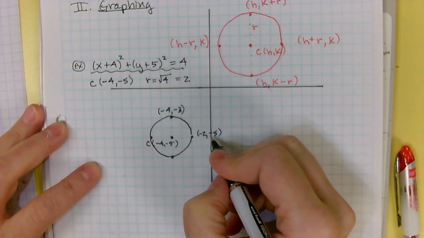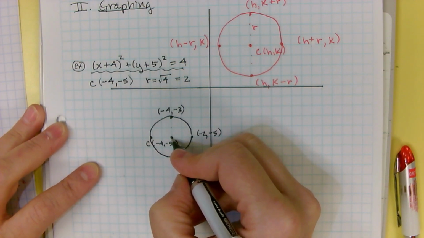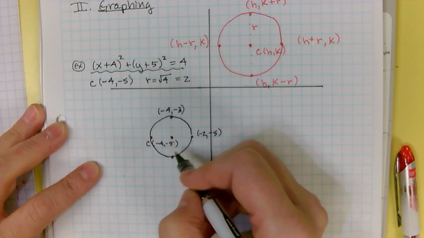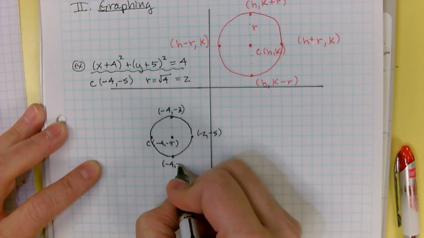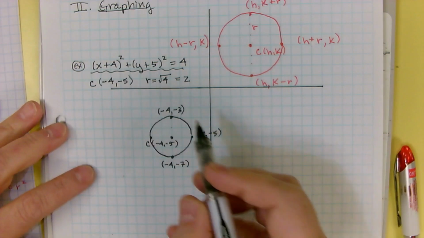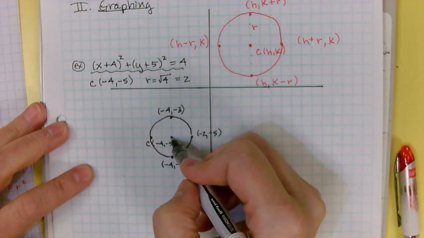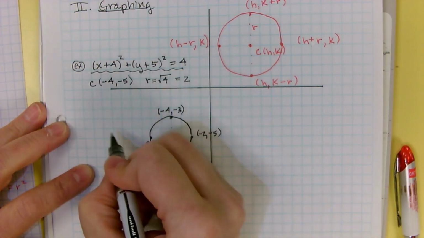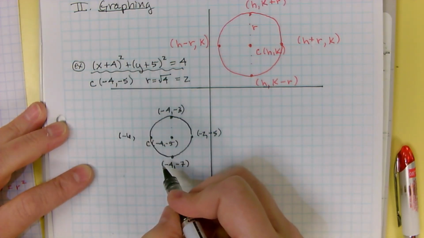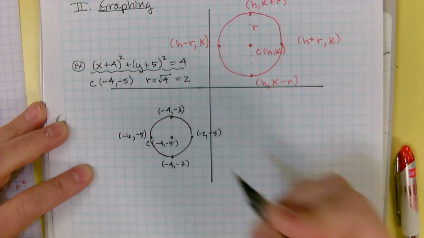Now the bottom point, we go to the left -4, which is what we did to the center, down 5 and down 2 more. So (-4, -7). And the last one, we go 4 to the left, 2 more to the left puts us at -6. And we're on the same level as the center, so (-6, -5).